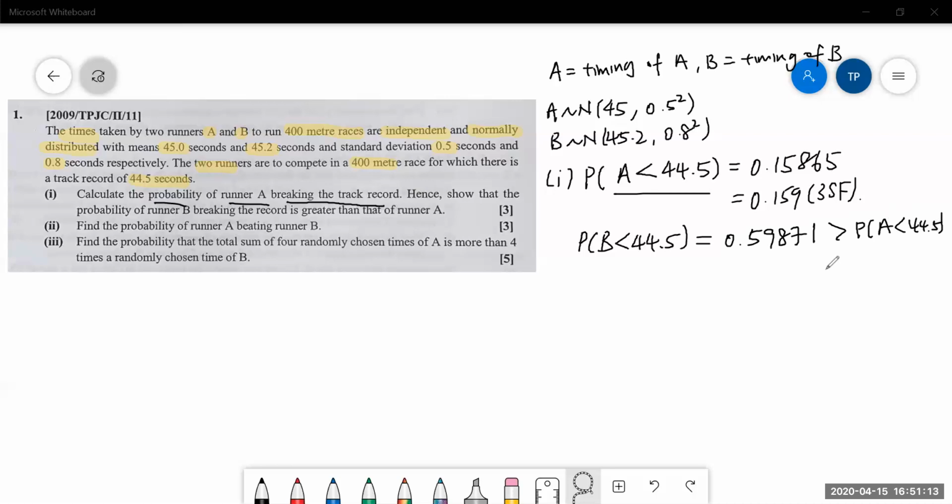That's using hence. Hence means that you got to use the previous given result. What was the previous result? The previous given result was just this.